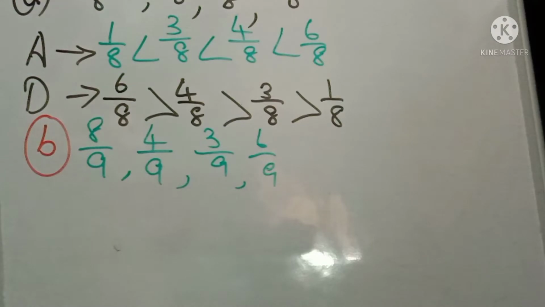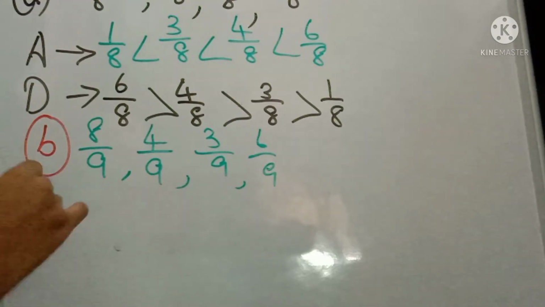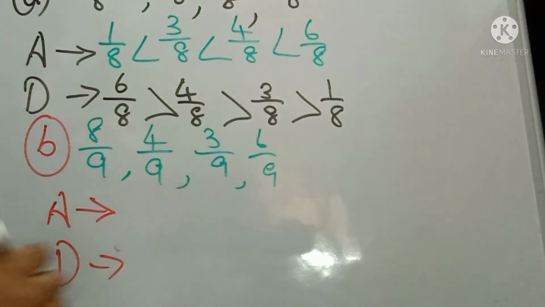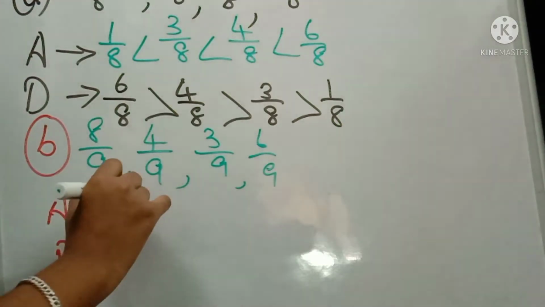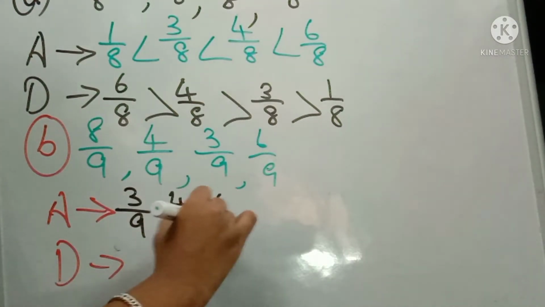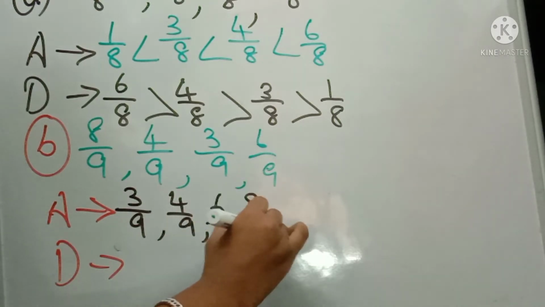So first we will arrange them in ascending order and descending order. First is ascending order. 3/9, 4/9, 6/9 and 8/9.